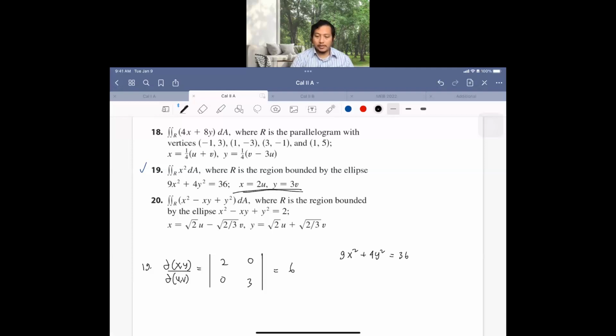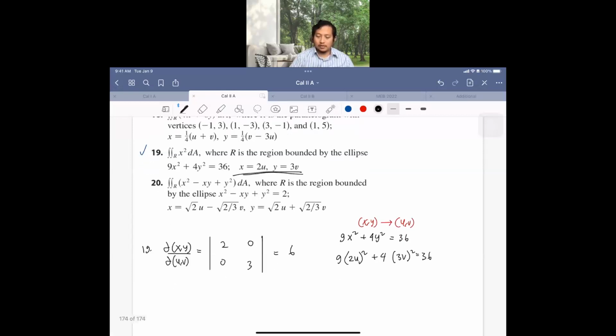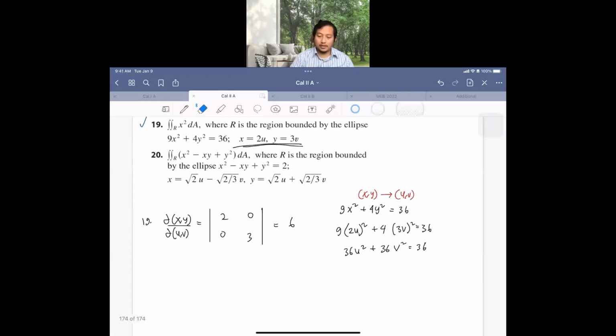If we exchange x and y with u and v, so 9 times 2u squared plus 4 times 3v squared, I think it nicely becomes all 36, right? 36u squared plus 36v squared equal 36. Or we could say that this is u squared plus v squared equal 1.